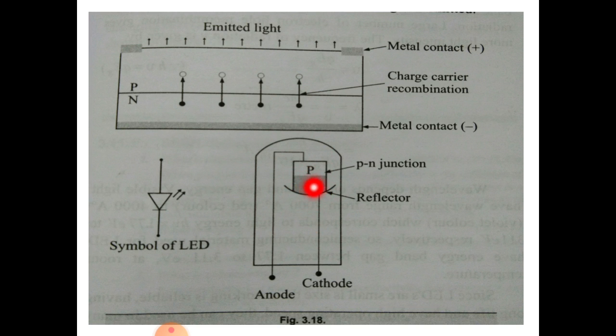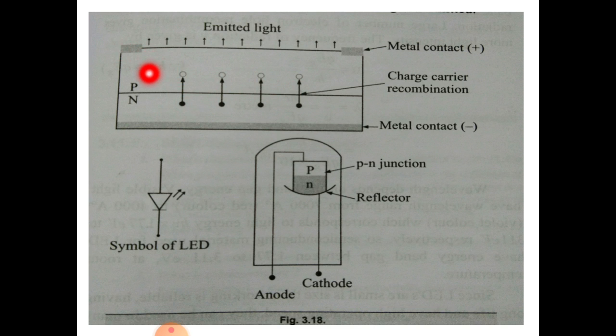This N type region is connected with the metal contact. This metal contact completely covers this N type region, and this P type region is on the upper side of the enclosure, so that the electron hole pairs can recombine and we get more intense light.